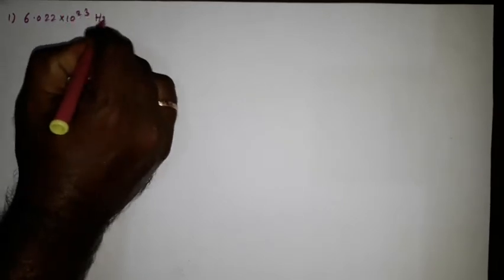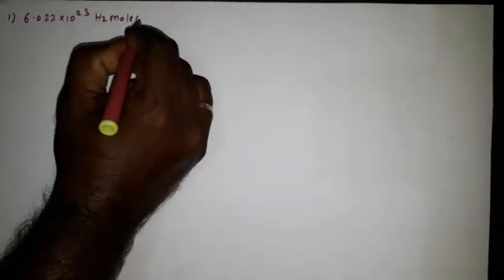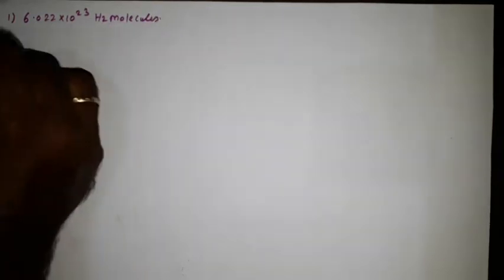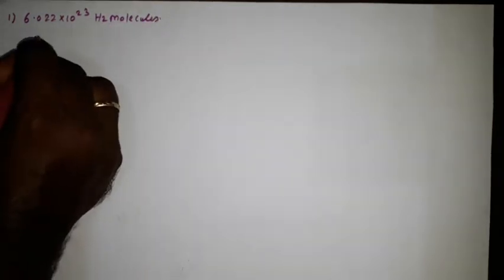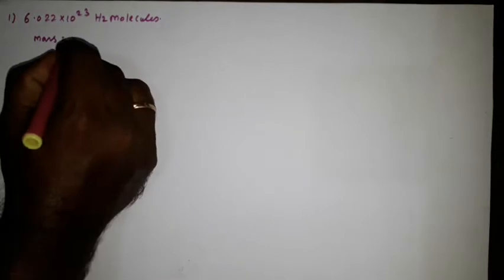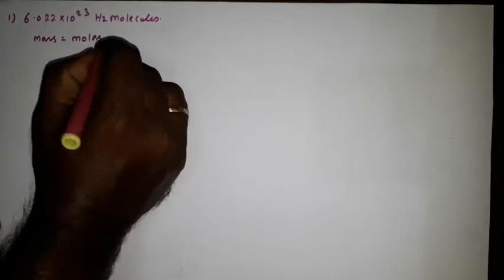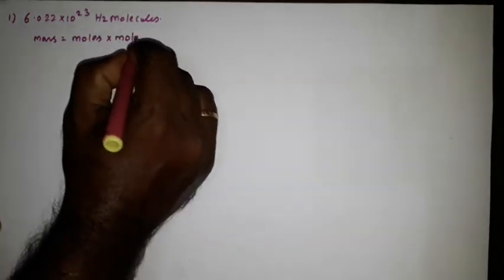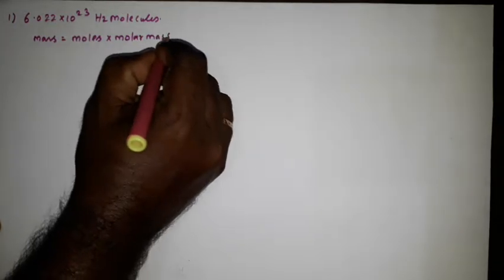Now in option 1, 6.022 into 10 power 22 H2 molecules. The formula to find mass is moles into molar mass of H2.